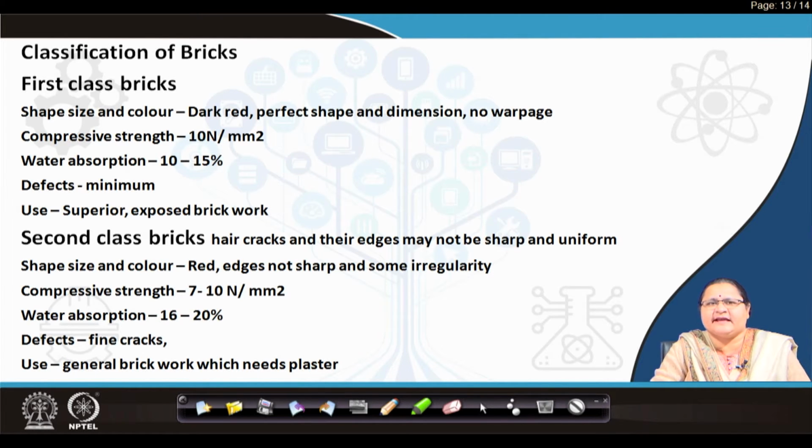It has defects like fine cracks, fissures, that is gaps, and these are recommended for general brickwork, for external walls which will be plastered. As you can see, water absorption has increased from 16 to 20%, so we need to protect it with a layer of plaster.